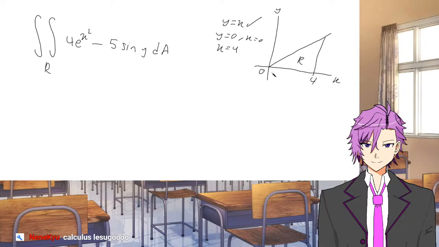So if we try to make the region, the x part is from 0 to 4. They also do a y from 0 up until this straight line, y equals x. So we'll do y equals x. Alright.